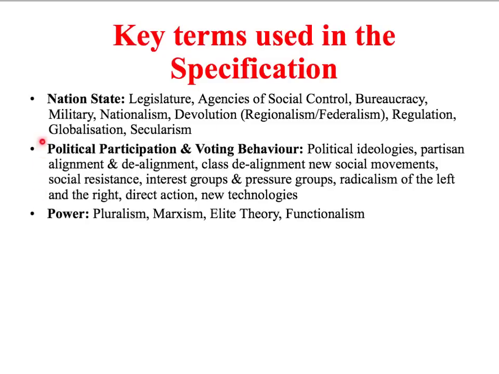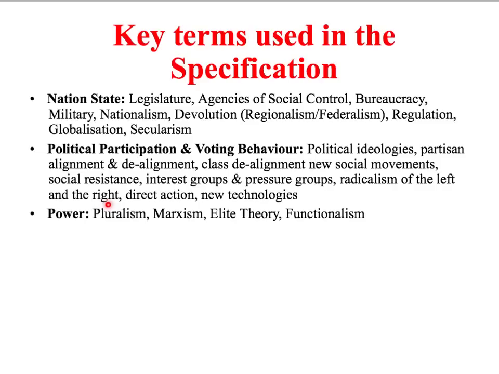These are key concepts to do with political participation, and this term, social resistance, is just examiner jargon for political protest. Radicalism at the left is Marxism, and radicalism at the right would be right-wing extremist political parties.